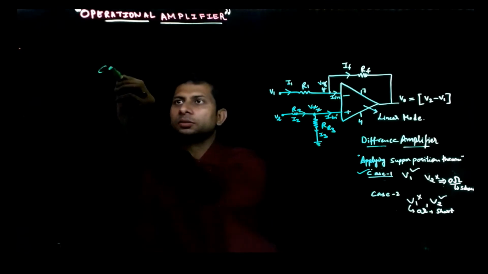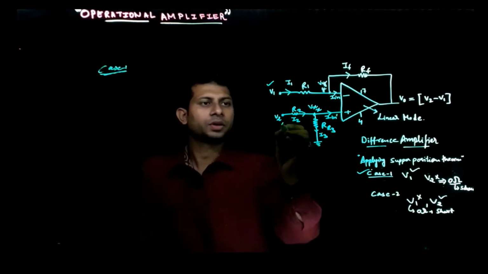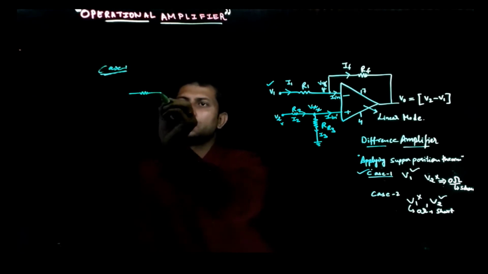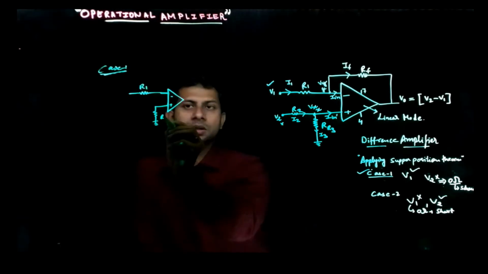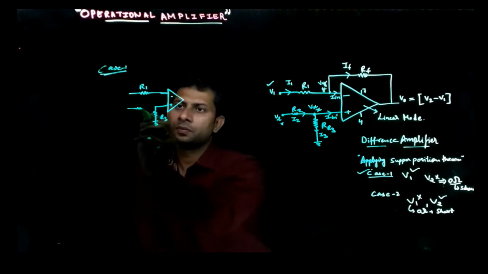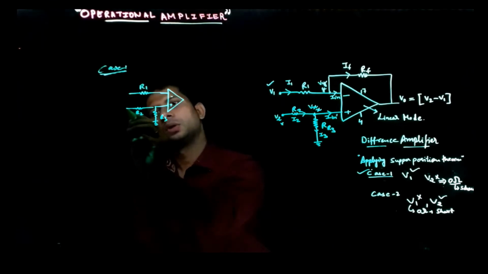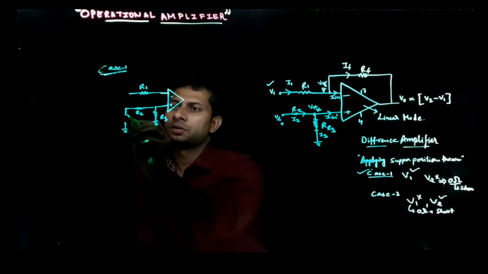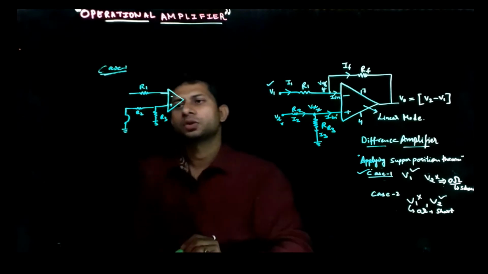For case 1, V1 is active and V2 is deactivated. For this part we take R1, this is R3, this is R2, and it is replaced by 0 resistance, that means short circuited.